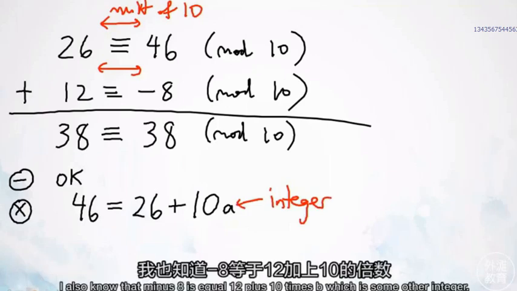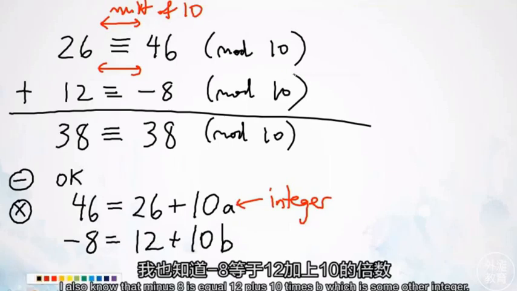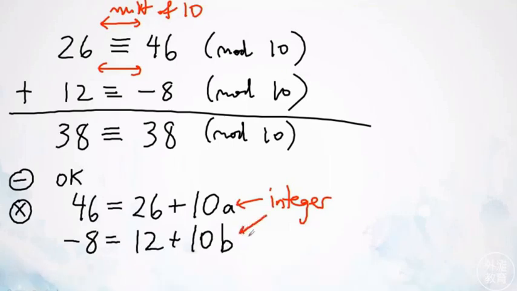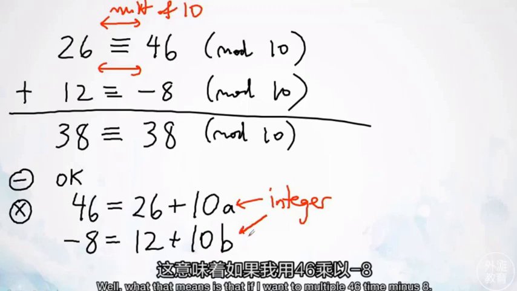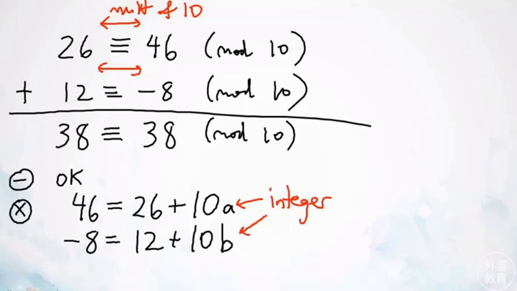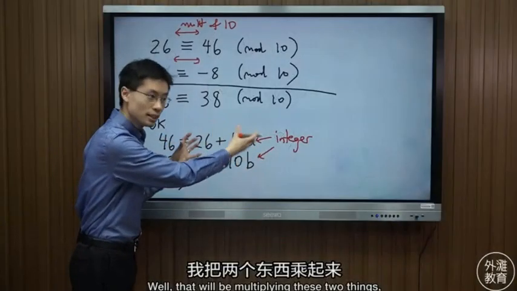I also know that minus 8 is equal to 12 plus 10 times b, which is some other integer. Well, what that means is that if I wanted to multiply 46 times minus 8, that would be multiplying these two things.